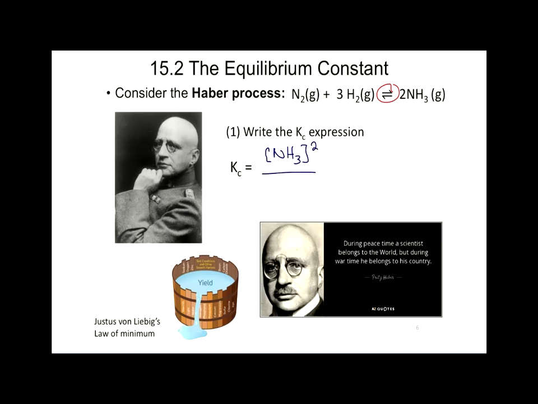Because there's a 2 stoichiometry, over N2 concentration times H2 concentration cubed. That's Kc. That's the expression. You can look up what the value of K is at a certain temperature if you wanted to. There's always values associated with that ratio.